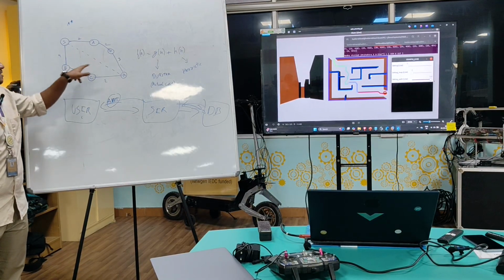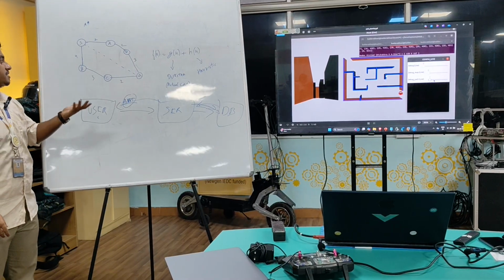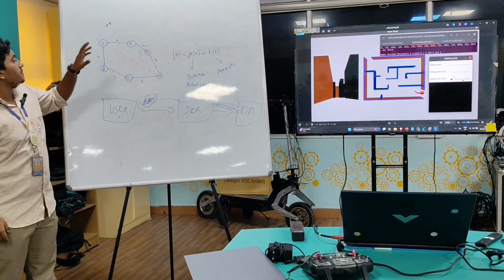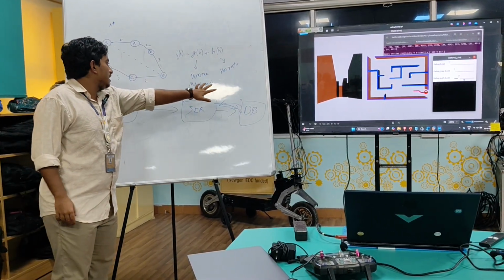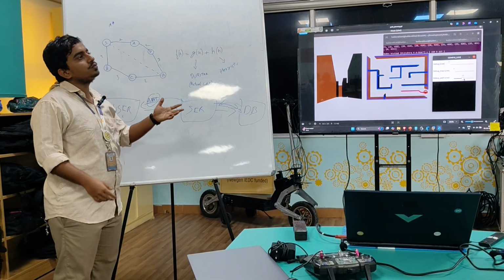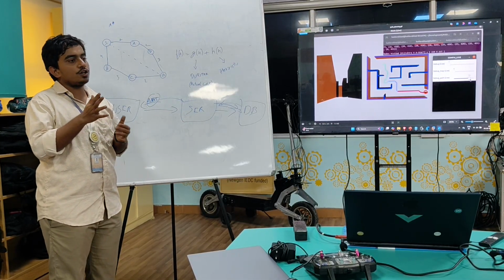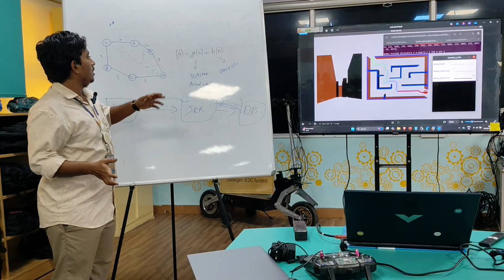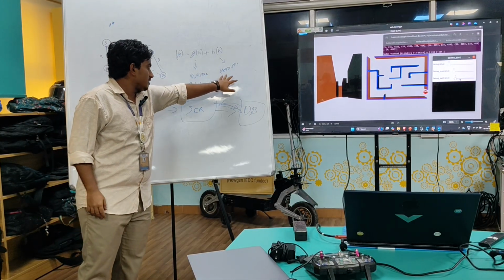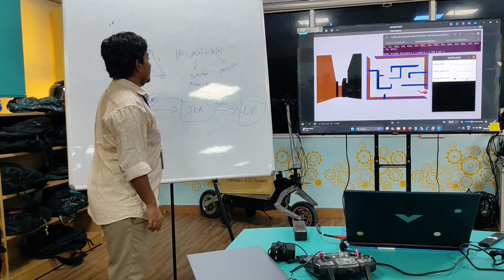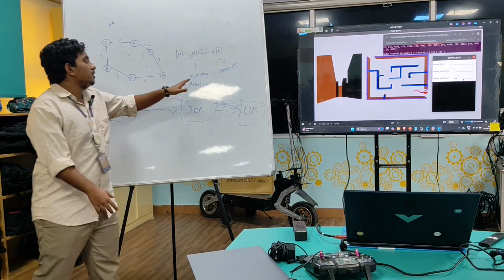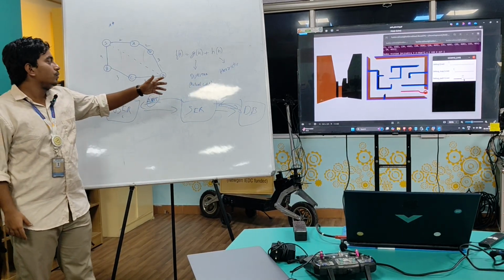These circles represent nodes. And this algorithm is used to find the shortest path, by adding a heuristic thing. What is a heuristic thing?